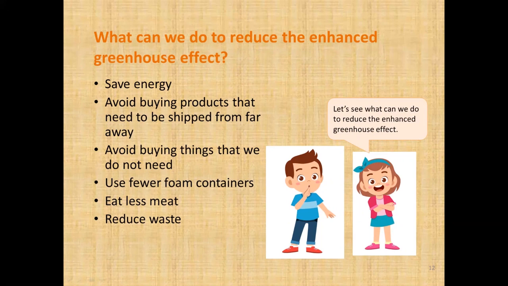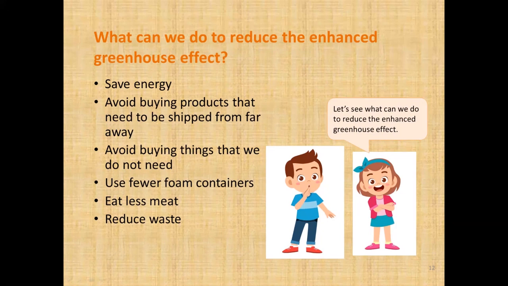Third, we try to avoid buying things that we don't need, because it can help reduce the amount produced from industrial activities. Fourth, use fewer foam containers. It can at the same time reduce the amount of greenhouse gases produced by the industry.